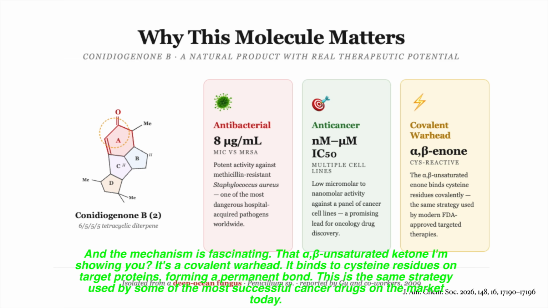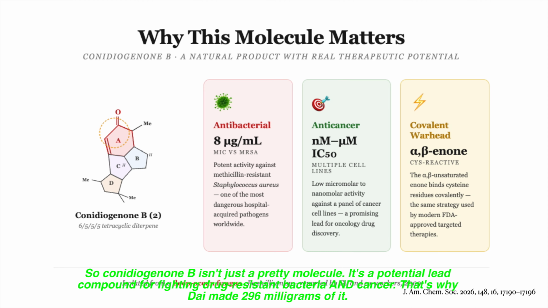This is the same strategy used by some of the most successful cancer drugs on the market today. So, Conidiogenone B isn't just a pretty molecule. It's a potential lead compound for fighting drug-resistant bacteria and cancer. That's why Dai made 296 milligrams of it.